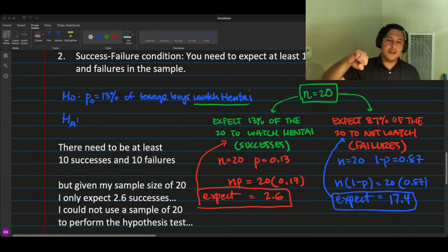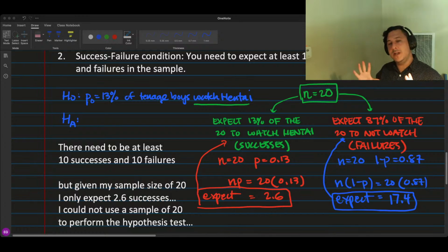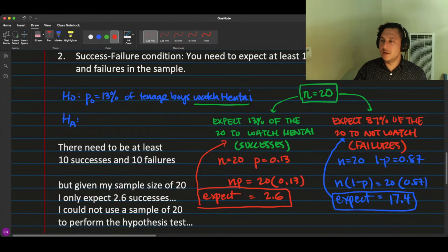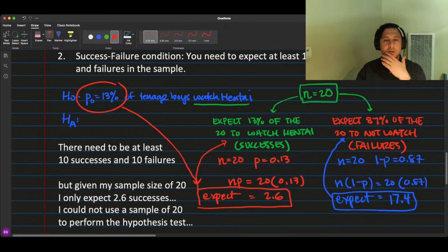So my question is, we have these 20 people. What you're gonna do is take the proportion from the null hypothesis and use that to figure out how many of those 20 you expect to be successes. So you just do the 13% times the 20 and you get 2.6.